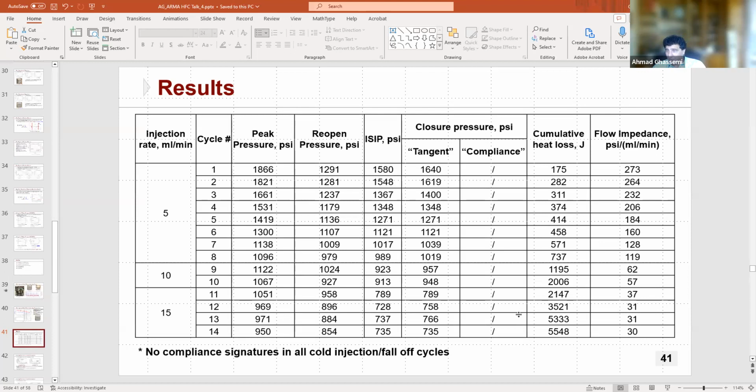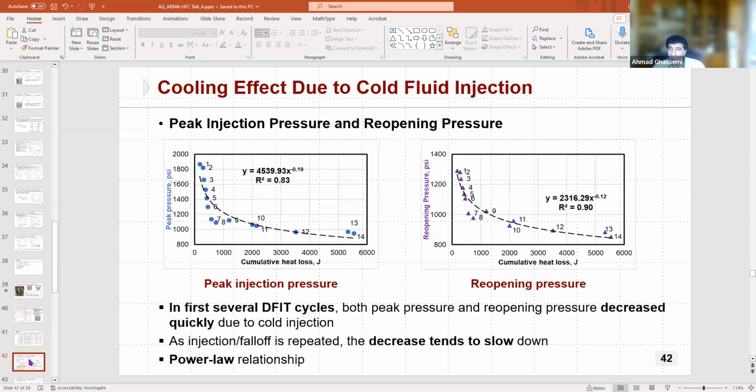Clearly, you can see the trend here that the reopening pressure, ISIP, tangent method, peak pressure, and rollover pressure all decrease with cooling. Flow impedance obviously decreases, as you would expect, as the fracture opening tends to increase.